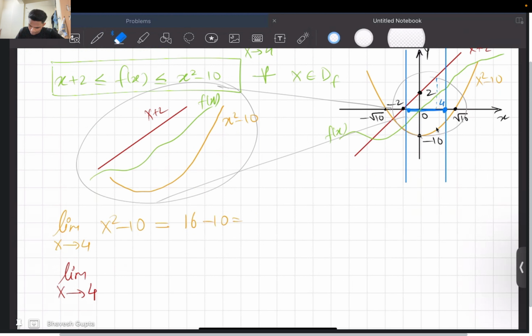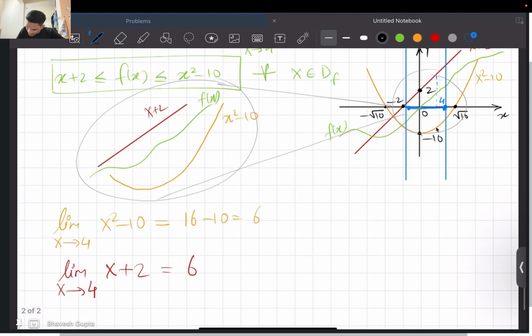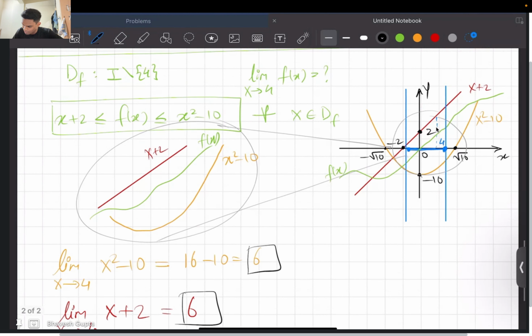Sorry, I'm sorry, that's a 6. And if I calculate this other limit, interestingly, they both have the same limit. That means these two functions touch at some point. Somewhere over here they are touching.